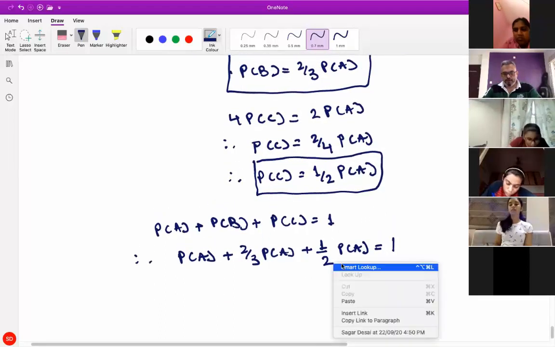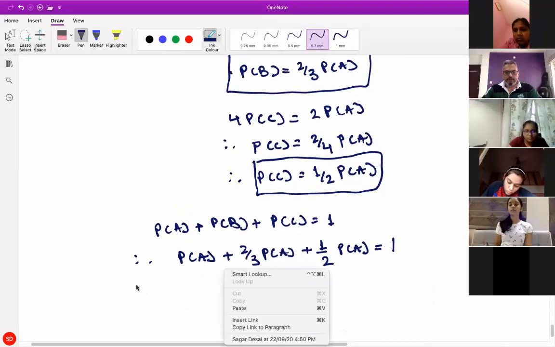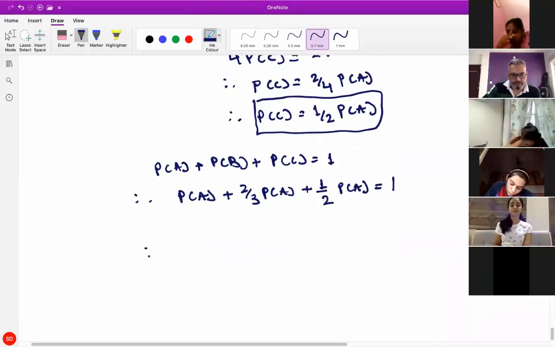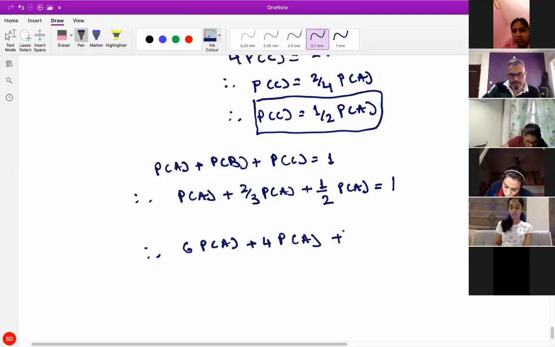So over here, LCM of 3 and 2 is 6. Therefore, 6P of A plus, 3 2s are 6, so 2 2s are 4P of A, plus 3P of A is equal to 6.